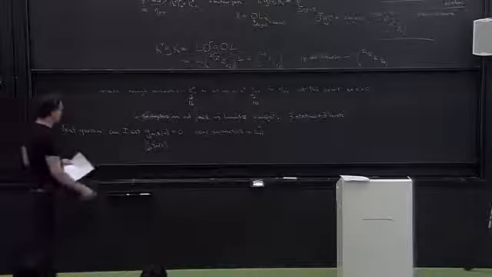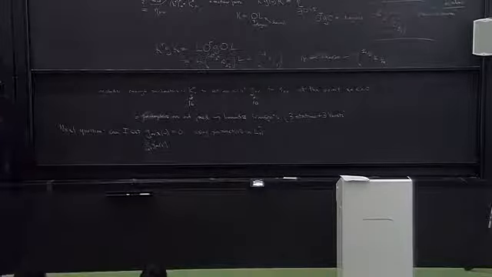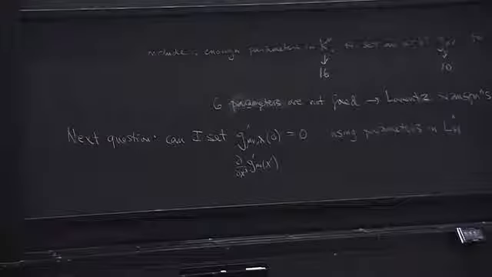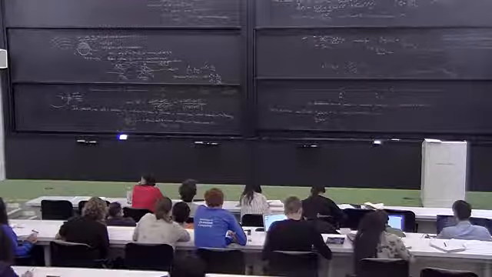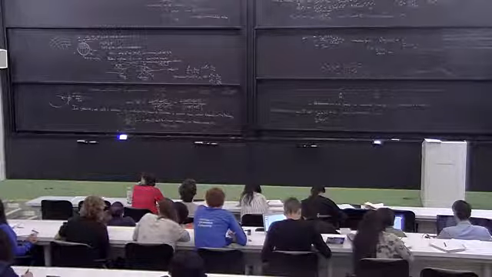So to see this, all I do is go ahead and calculate it. So let's do it over here, again using a good old chain rule. Can you see here? Is that all right?